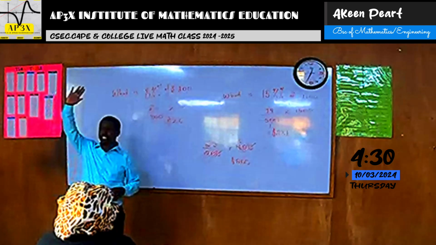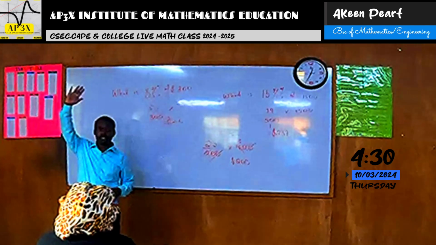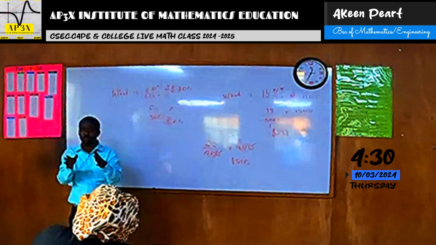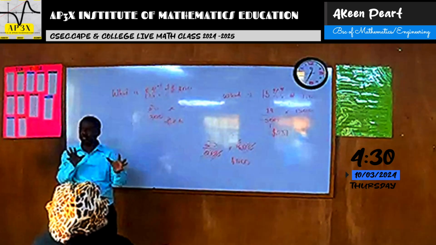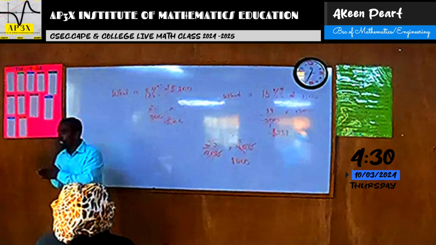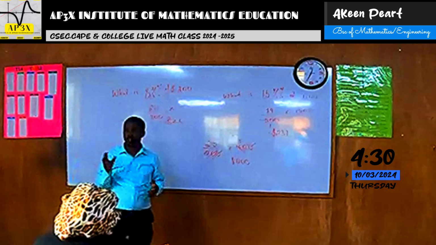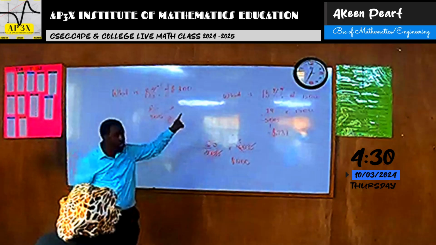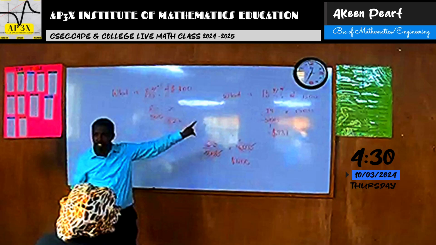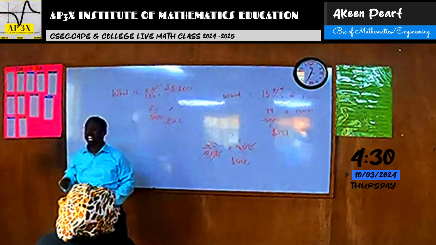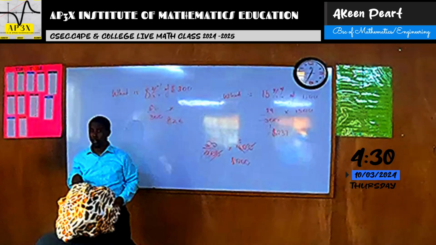Anybody here doing City and Guilds in the future? Depending on what level you're in, some levels will tell you you are not allowed to use a calculator. For CSEC multiple choice, you're not allowed to use a calculator. And this is a typical question. When you calculate it incorrectly, there's an answer there for you to circle.